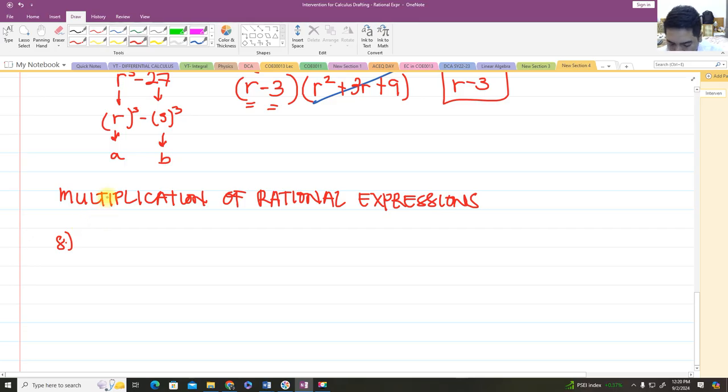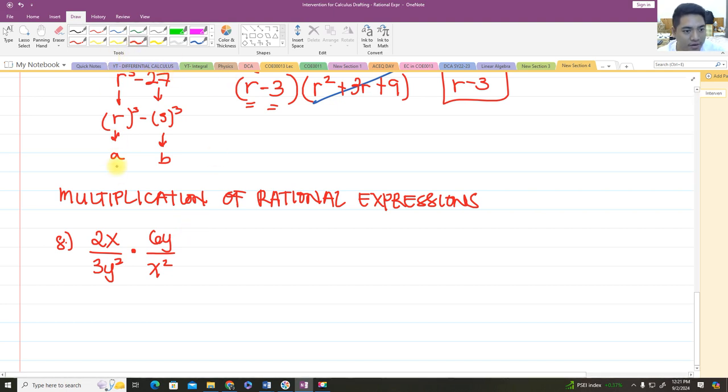For multiplication of rational expressions, we just have to understand one rule here. Before we multiply numerator times numerator and denominator times denominator, we can first simplify.